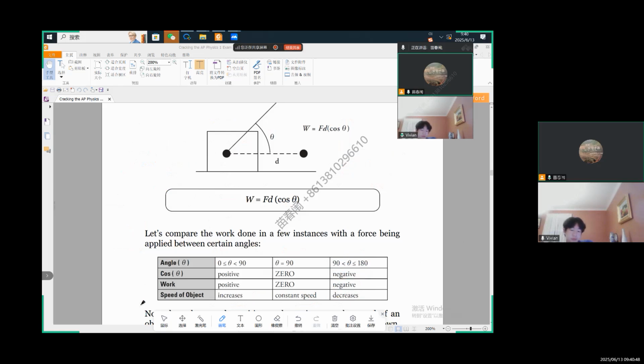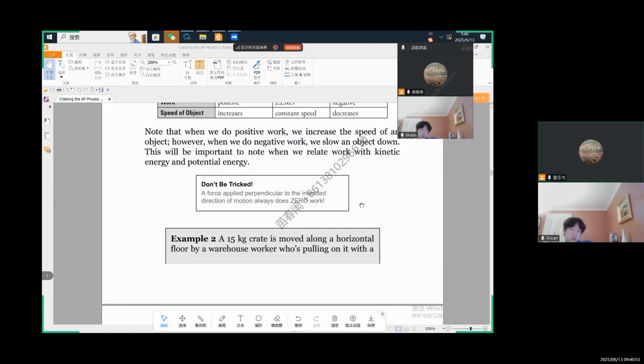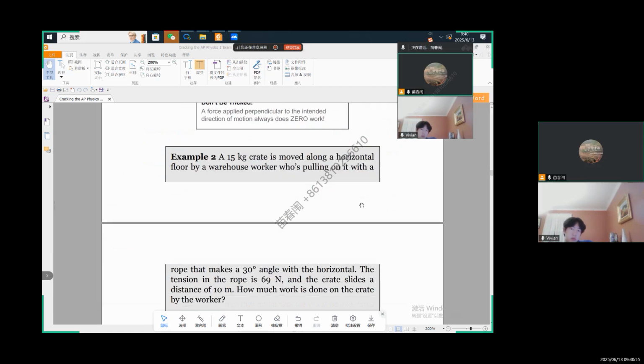Let's do problem 2. A 15 kilogram crate is moved along the horizontal floor by a worker pulling a rope. The angle of the rope to the horizontal is 30 degrees.